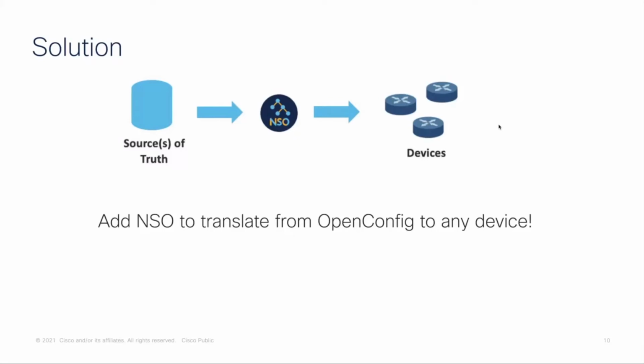Another huge benefit to this is we can create higher level services. For instance, if we want to create a layer 3 VPN between two routers, we could say, here's the OpenConfig for device 1, here's the OpenConfig for device 2. We can hit NSO with those configurations, and now with that higher level service, it will go ahead and program the two devices.